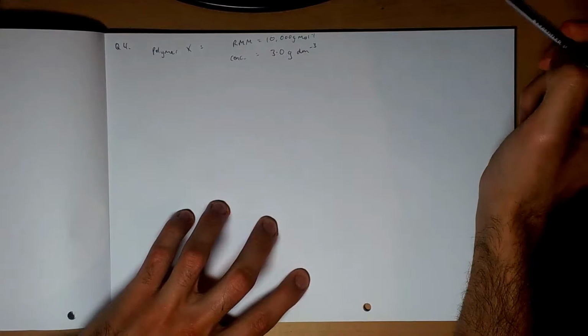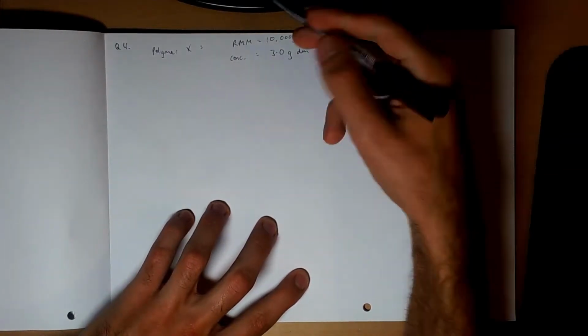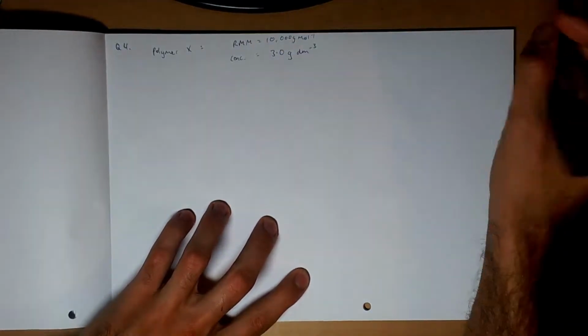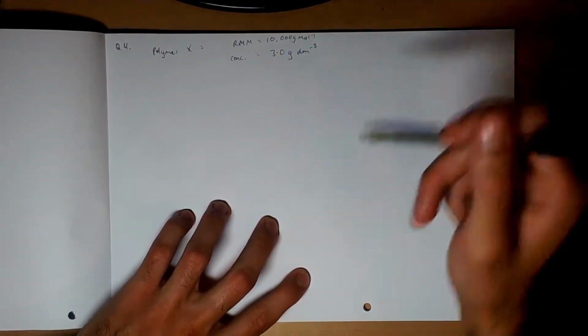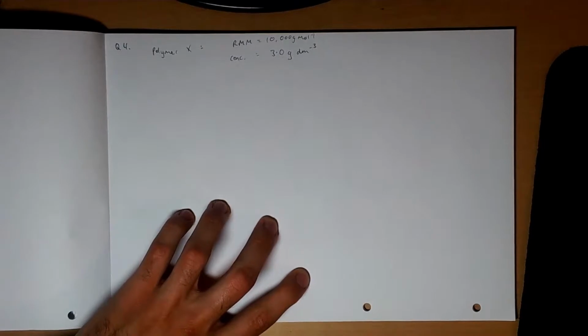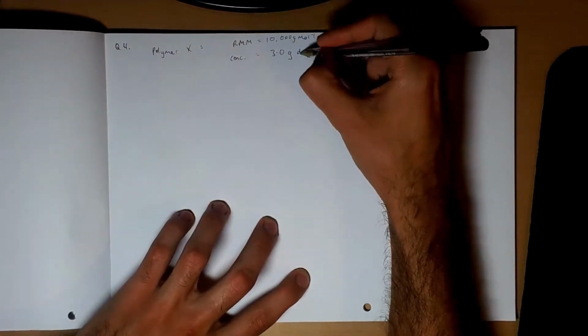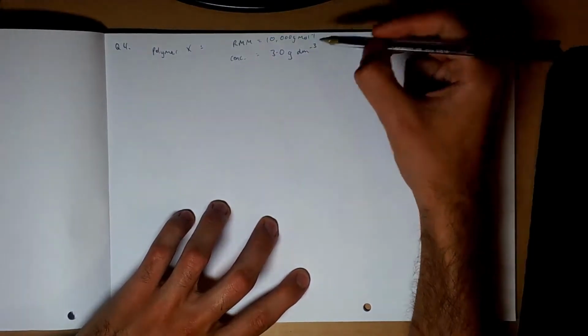So essentially what we want to do here is convert this value into a number of molecules. If we start off by assuming that all of our polymers are present in just 1 decimeter of solution, we can eliminate this part of the unit.